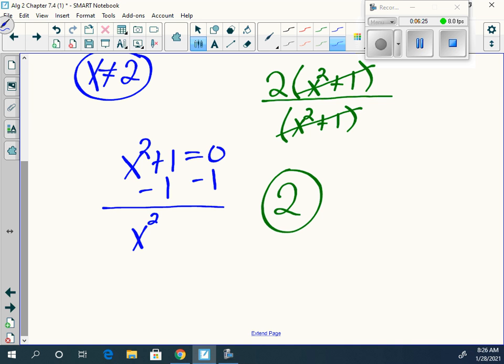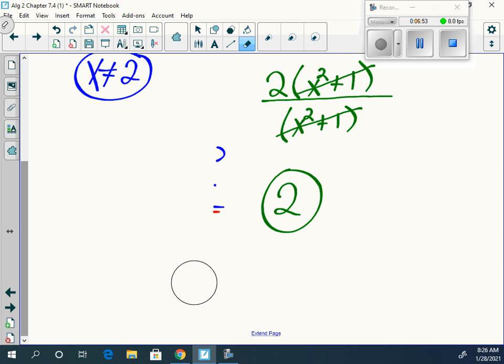Which will tell me x squared is equal to negative 1. Then we would square root both sides, because the square root and square would simplify. And because we square root both sides, we would have the plus and minus. And what's the square root of negative 1? It's imaginary. So this will never be 0, correct?